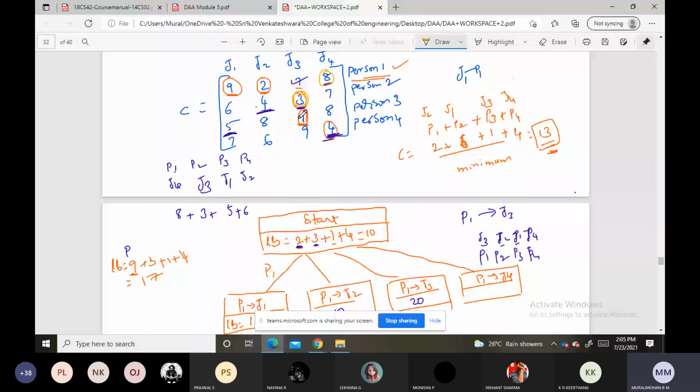We cannot allocate this one because it is already allocated. So we can allocate 5, and here we can allocate 6. So we are getting it as 22.